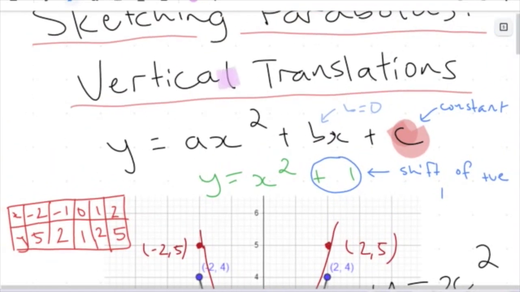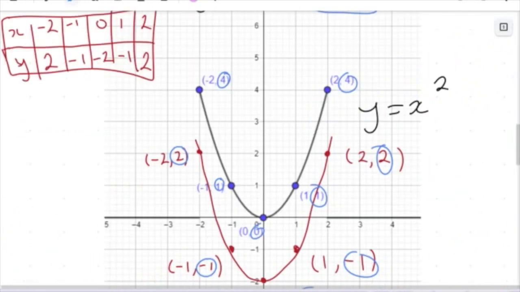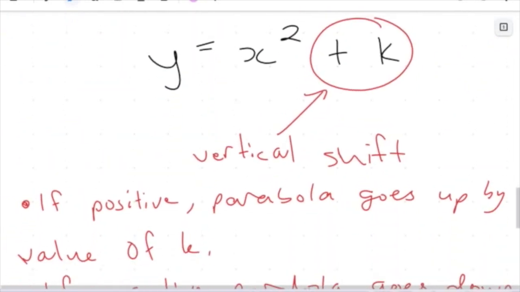But here we've looked at vertical, dealing with this constant over here, which is going to shift my parabola up or down depending on the value of k down here. This is just an arbitrary pronumeral they've put in the textbook, but all we need to understand is that the actual value determines the shift, and that is all we need to know about vertical translations.